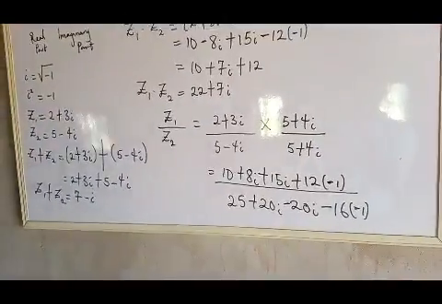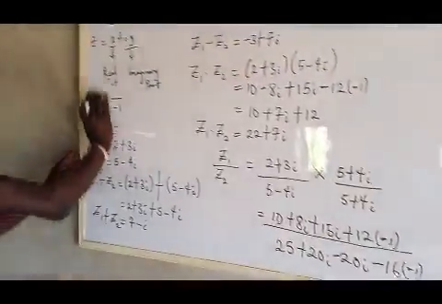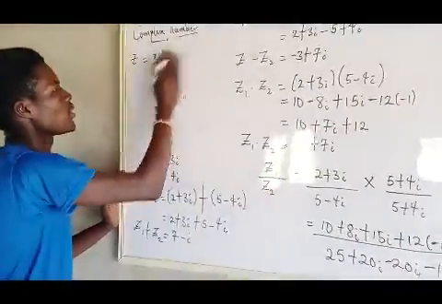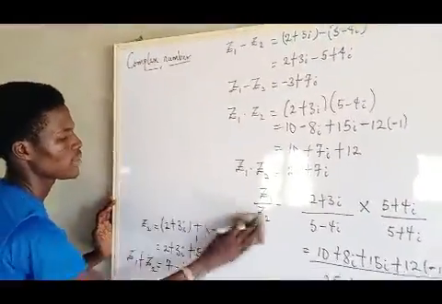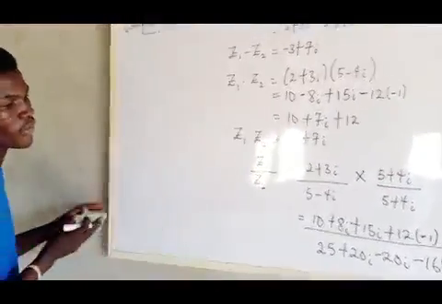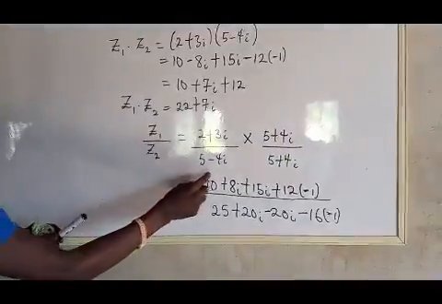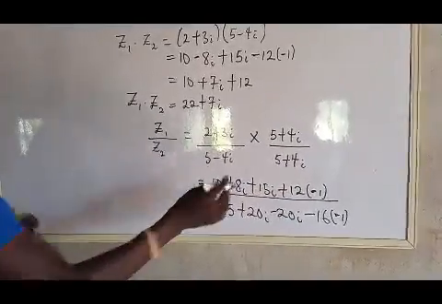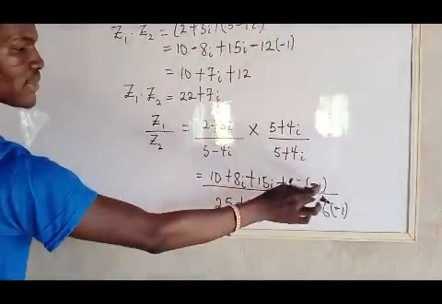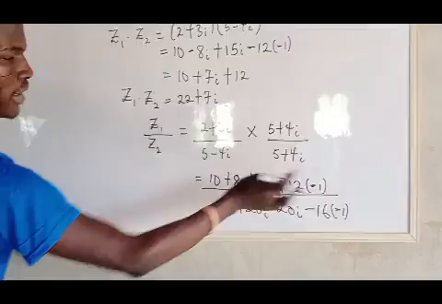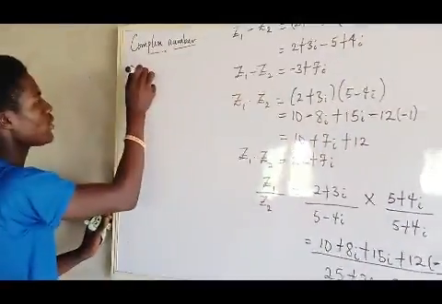So let's quickly wrap up this part. From here I will have 10 minus 12, because plus 12 times minus 1 gives me minus 12. 10 minus 12 will give me minus 2.